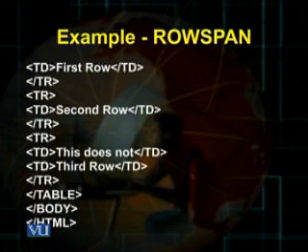Then in the second TR, I have to create a second row. In the second TR, I only use one TD tag. I need to have just one cell in which I write the words second row. And then I close this second TD, I close this second TR, and then I start with the third row by writing the third TR. And in that TR, I use 2 TDs, 2 cells.